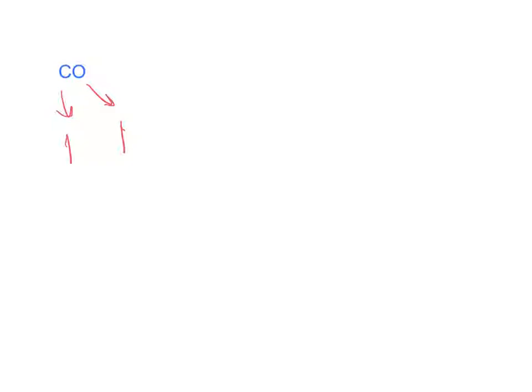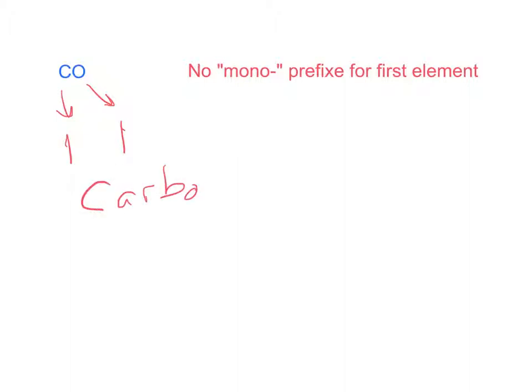So instead of calling this monocarbon monoxide, it's simply carbon monoxide. Because oxygen is the second element, we do use the mono prefix. And again, we don't say monooxide. We chop off one of the O's and just call it monoxide.